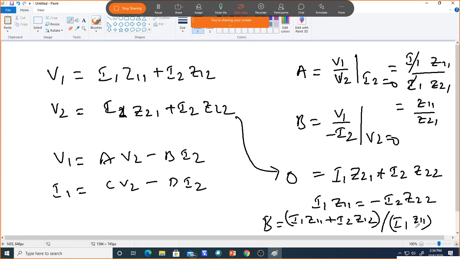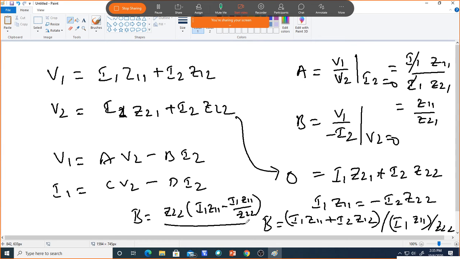Okay, so this is the equation we get for B. Now if you simplify this, you can substitute what I2 is here. I2 is again I1 Z21 by Z22, so that is minus I1 Z21 divided by Z22. Then this is divided by I1 Z11. Okay, now if you simplify this, you will get the value of B.